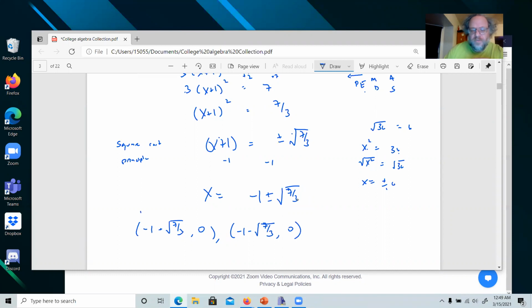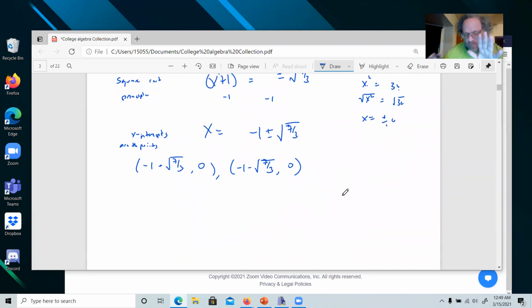Okay, so these are the points, right? My x-intercepts are the points, these two. All right, so I'm trying to get in the habit of writing out that these are the points when they're points, and these are the intervals when they're intervals, because I understand that the notation for this is a little bit weird.